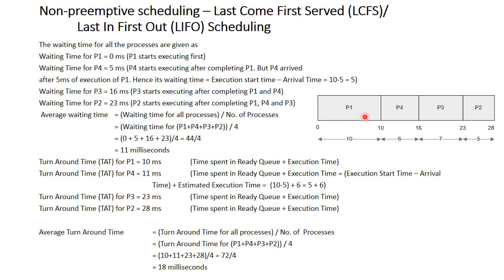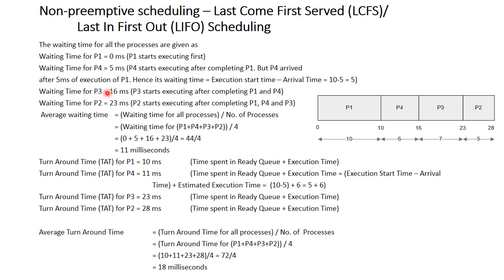Execution time of P1 is 10, but the waiting time for P4 is not 10, it is 5 millisecond, because it arrives after 5 millisecond of execution starting time of the P1 process.